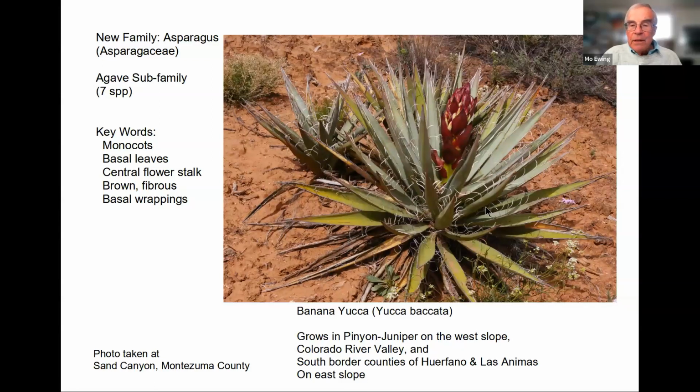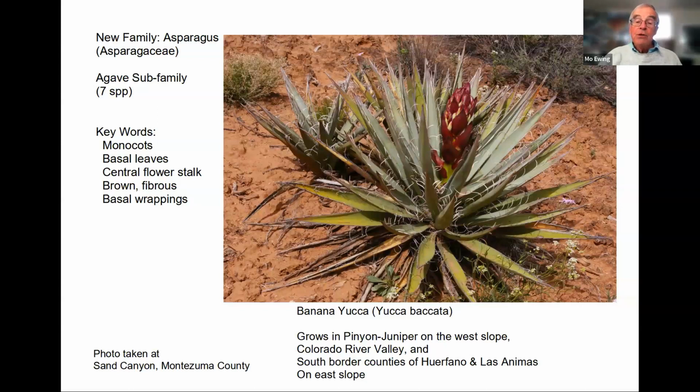Monocots with basal leaves, so all the leaves come out of the base, and a central flower stalk, which you can actually see here, this is the flower stalk, and brown fibrous basal wrappings on the roots. I don't like digging up plants to look at the roots, but if you're collecting them for a herbarium, you've got to do that.